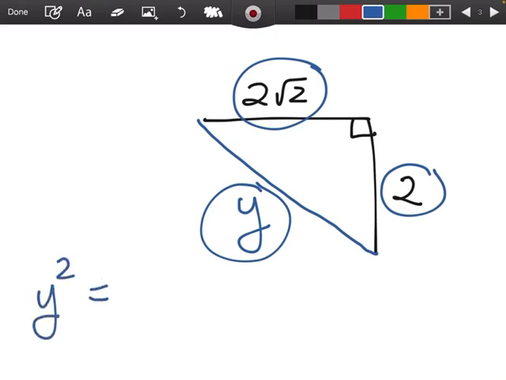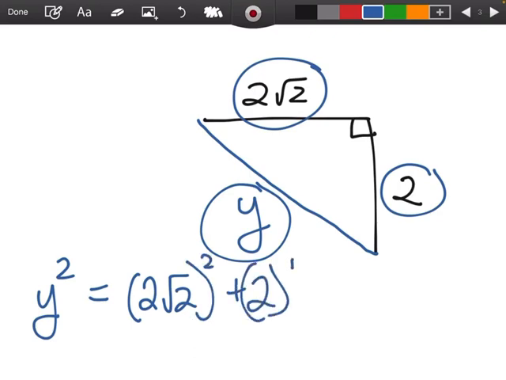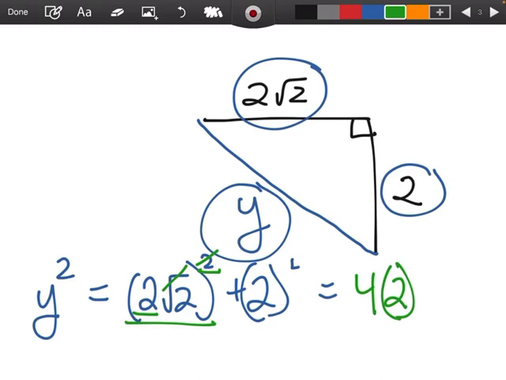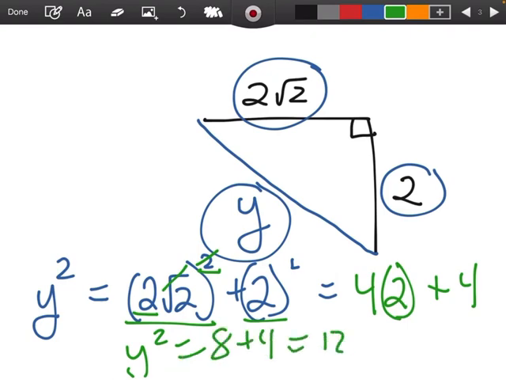So y squared is equal to 2 square root of 2 squared plus another 2 squared. When I square this piece, I first take 2 and square it, and 2 squared is 4. The square and the square root cancel each other, so that's 4 times 2. And 2 squared again is 4. So y squared equals 4 times 2 is 8 plus 4 is 12.